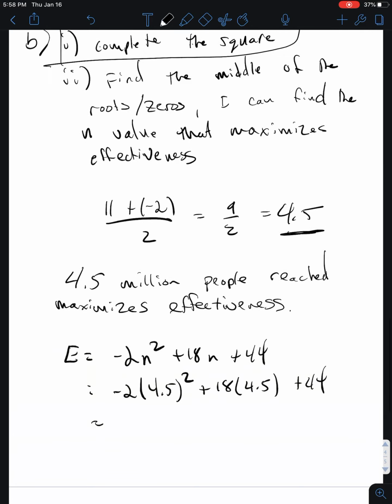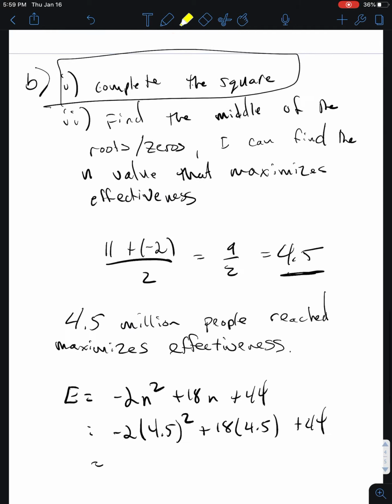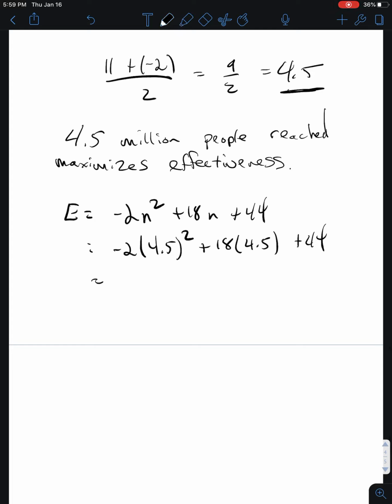You've got to do some math, right? And maybe here's the other thing. You could also choose to use this one. Let's say for a sec you forgot your calculator for a test. You could use this equation too, and plug in the n value. That looks a little bit nicer. I can do 4.5 minus 11 times 4.5 plus 2. That's a little more workable than what we did down here.